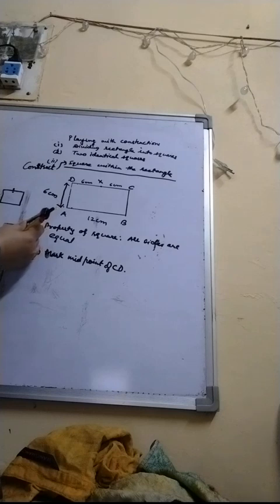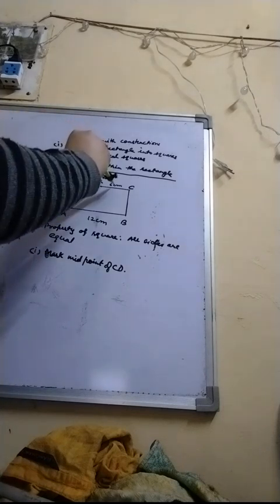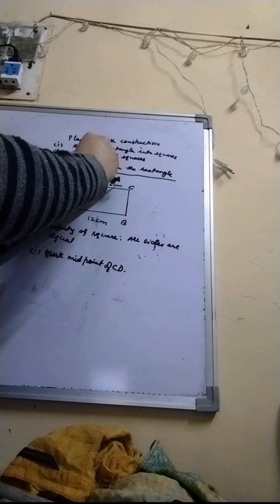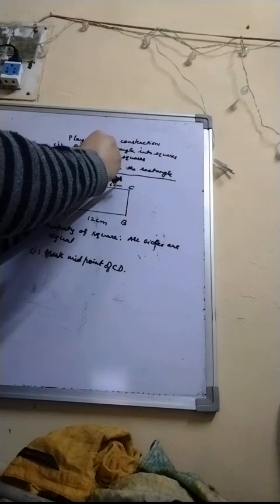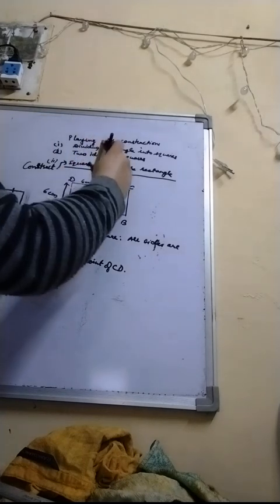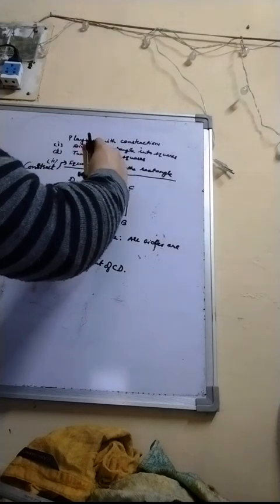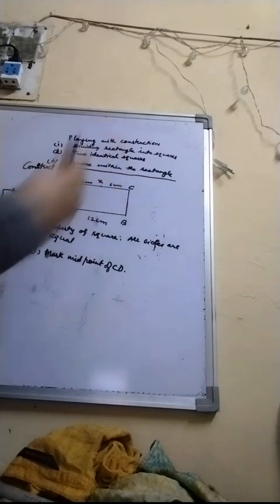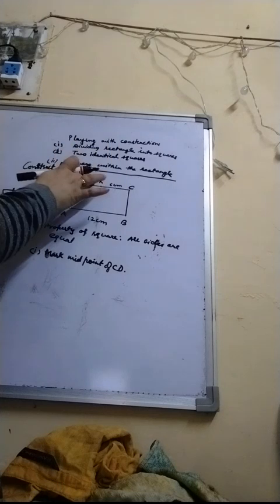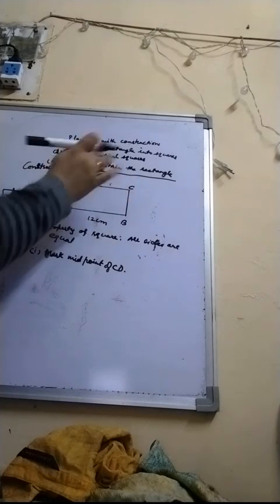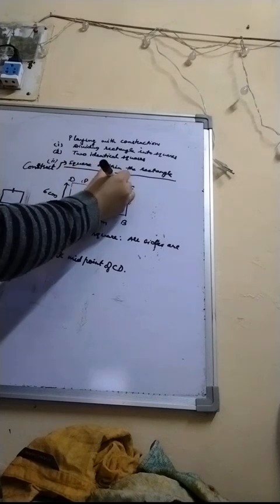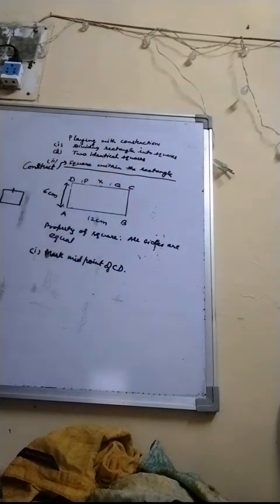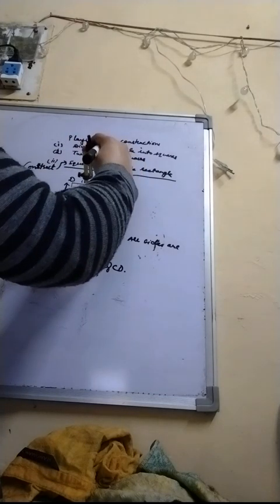We would open the compass 3 centimeter. I draw an arc of 3 centimeter here and draw another arc on the other side, 3 centimeter here. So my points become P, Q. So now my PQ is 6 centimeter.